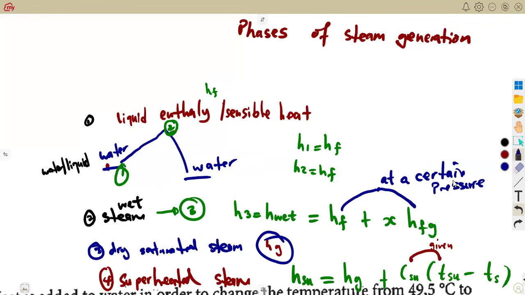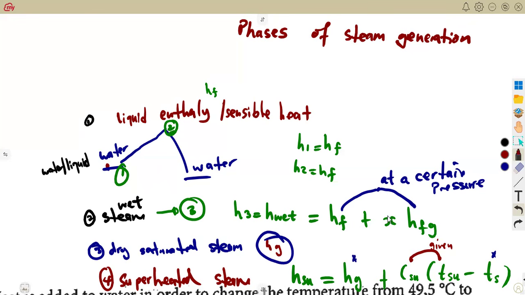Hg, where we talk of the dry saturated steam, and this Ts can be determined at a given pressure. At a given pressure, we can go and determine these ones. So this is what we have.